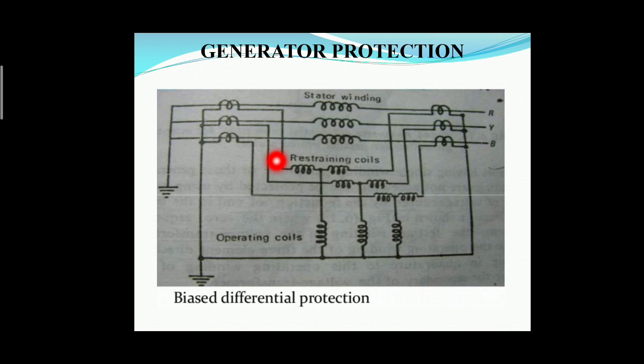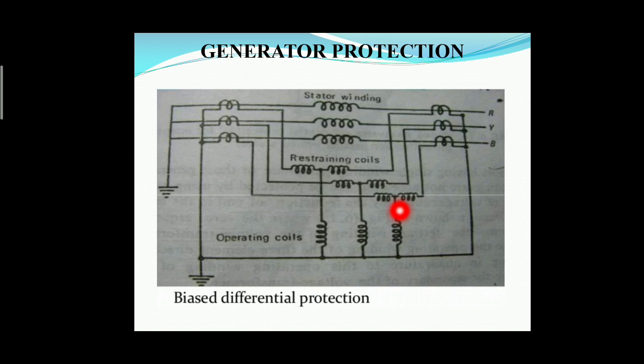In those CTs, one end is connected by using the restraining coils with pilot wires. At the middle of the restraining coils, we are connecting the operating coil.